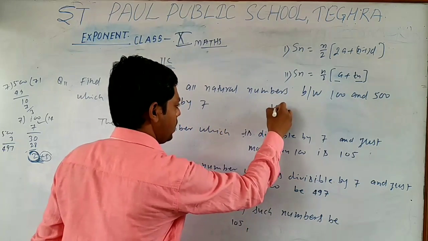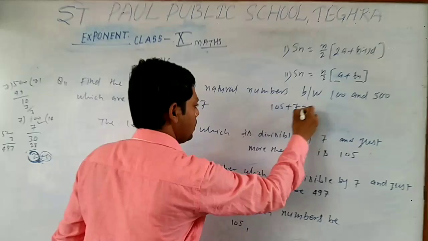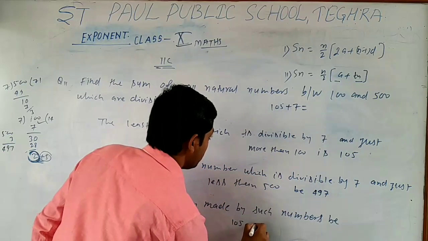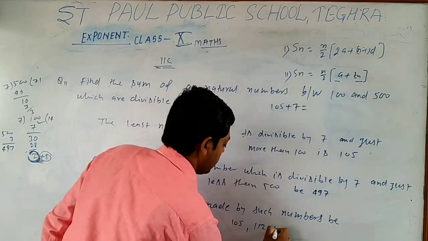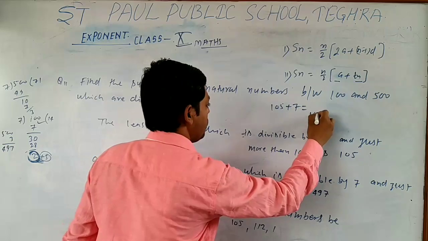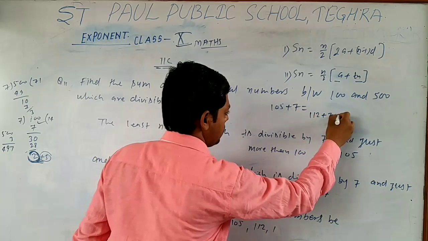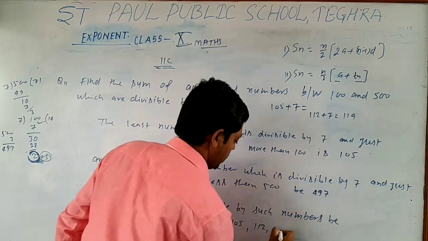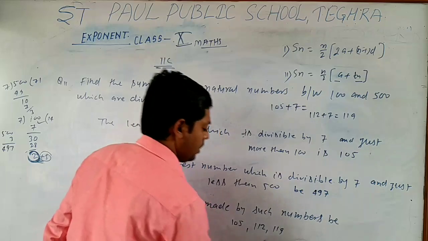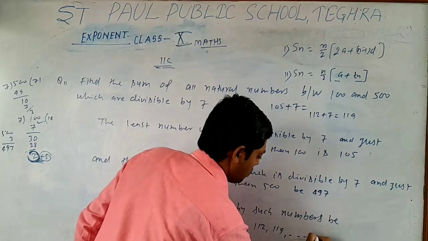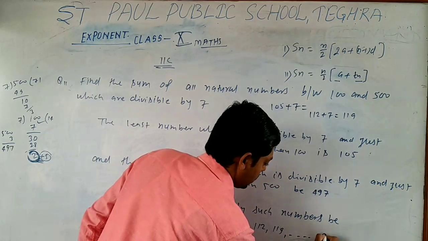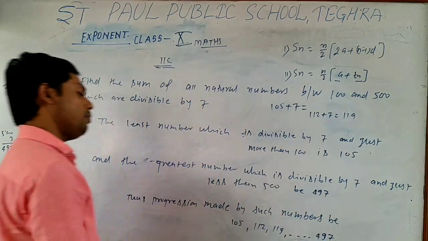So we add 7 to this number. This becomes 112, and by adding 112 plus 7, this becomes 119, and so on, up to 497. This is the progression.